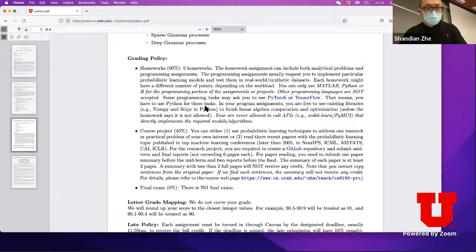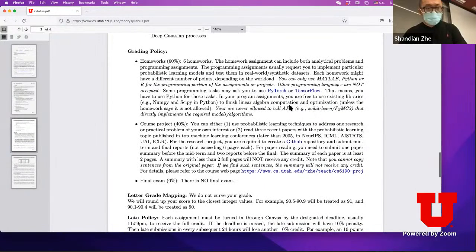So to finish the linear algebra computation and optimization, right, as we emphasize, we have a lot of linear algebra computations and also derivations throughout this class. So when you implement your homework problems, we don't want you to write a for loop to calculate matrix multiplication. That's not necessary.